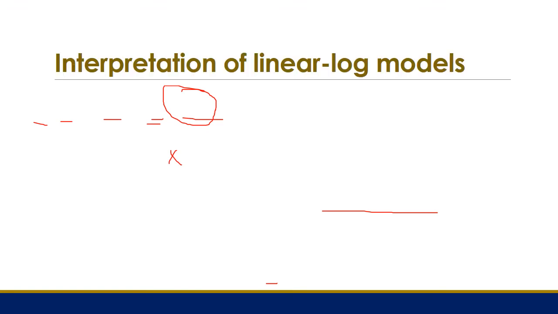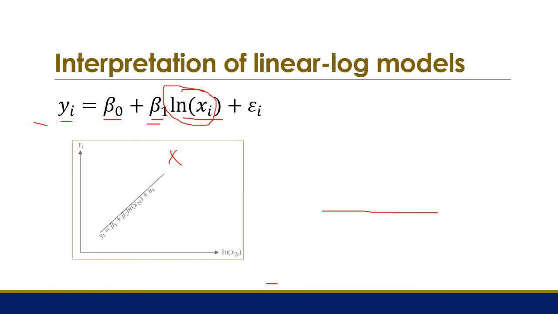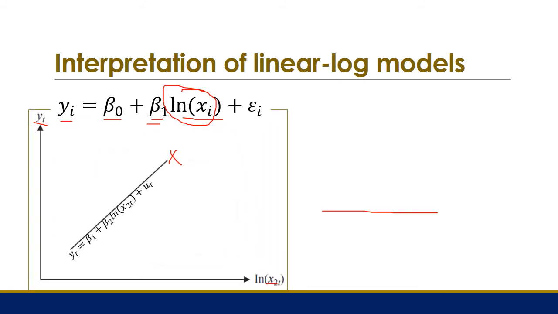Let us now consider the linear log model. It has the form yi equal to beta naught plus beta 1 ln xi plus the error term. Now the predictor is the one that is in logarithm form. After this transformation, the result you get is a straight line when you plot y against the logarithm of x.